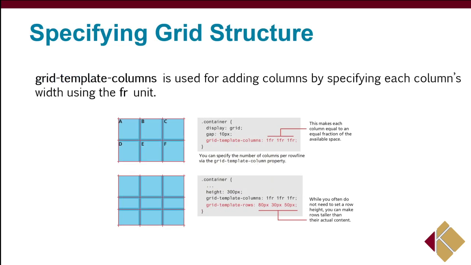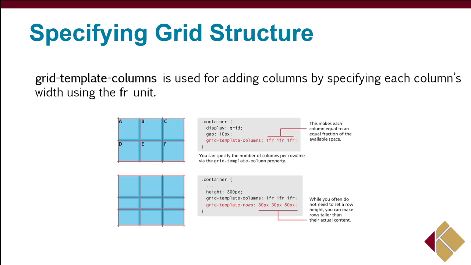So here is how you denote your grid structure. When you're laying out your grid, you have to tell it how to build it. You do that by adding columns, and you add columns by using an fr unit. fr just means fraction.